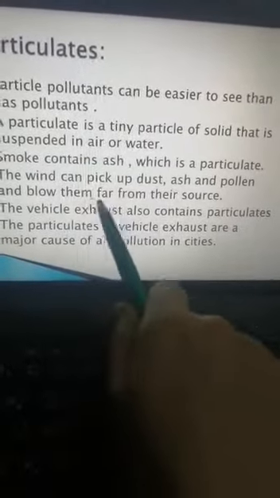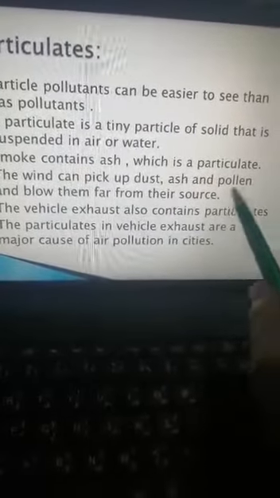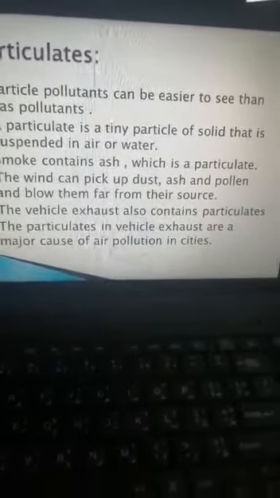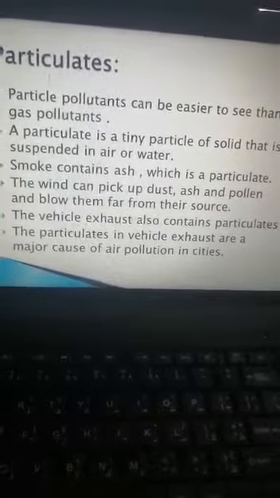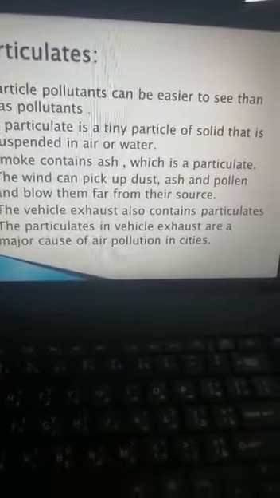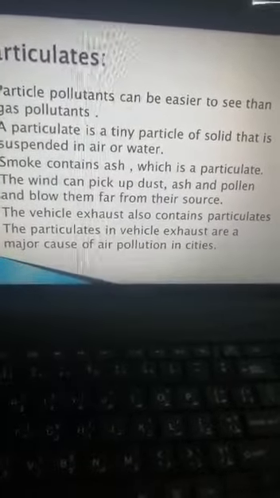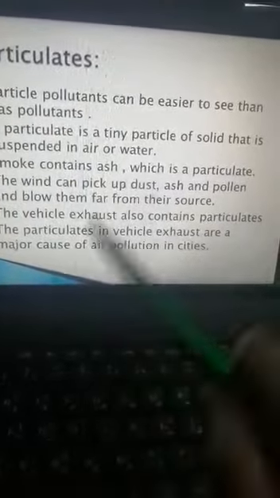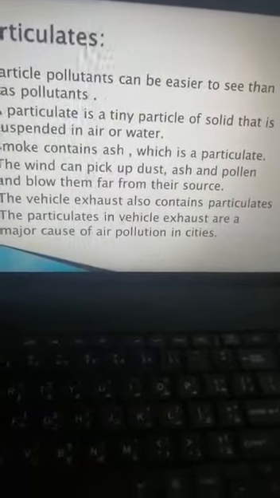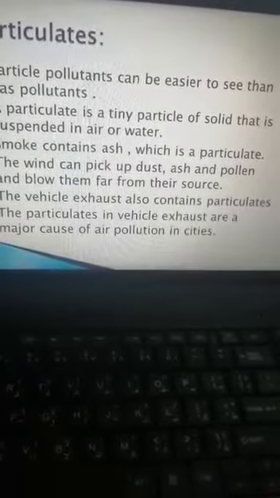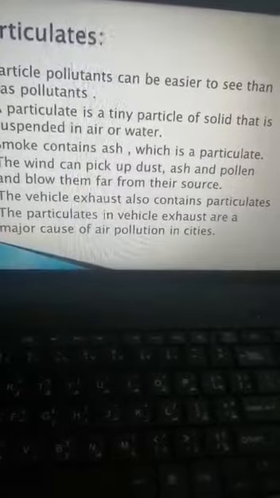Vehicle exhaust also contains particulates. So we have many types of particulates: vehicle exhaust, ash, pollen, dust. The particulates in vehicle exhaust are a major cause of air pollution in cities.